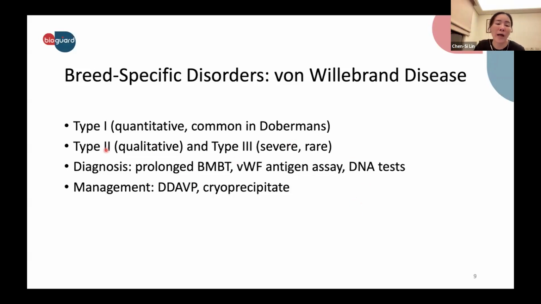Type 1 is the most common type that we find. In type 1 VW disease, we find a partial VWF deficiency. It's very common in Dobermans, where up to 70% of Doberman dogs carry this mutation, so this disease is very common in the breed.